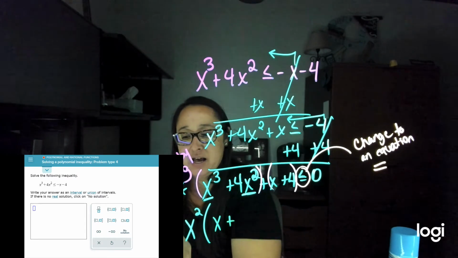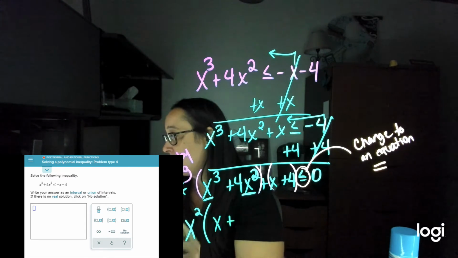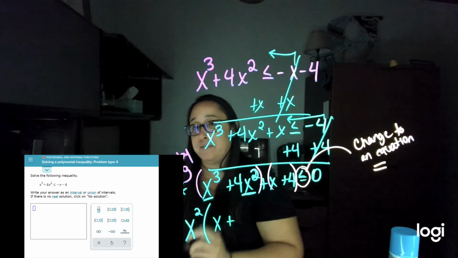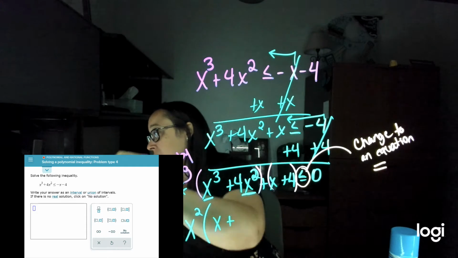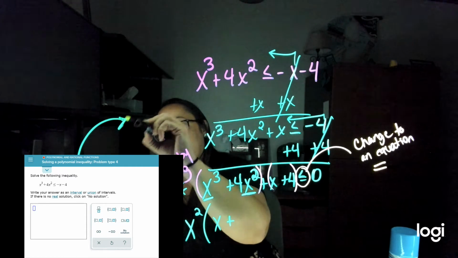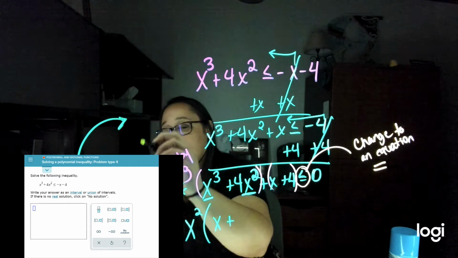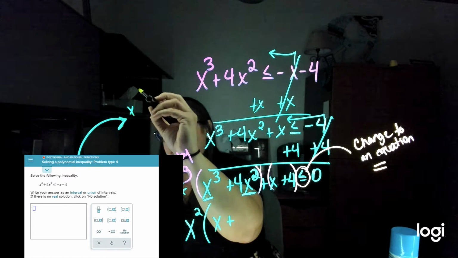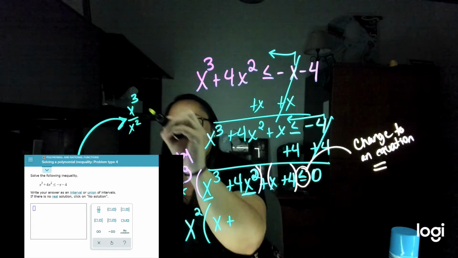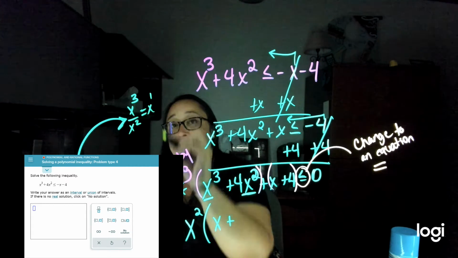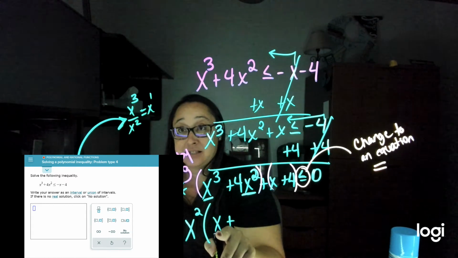Now we want to take this 4. Can you see this? Oh, we can't see that. Let me back this up. I'm not going to redo this video, but what I put was that x squared divided by x was equal to x to the first power, or just x, right?